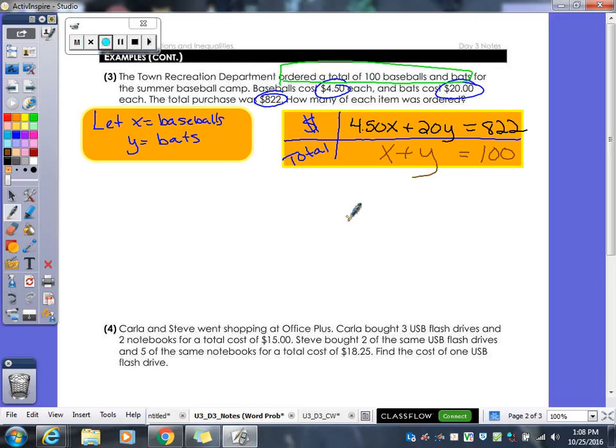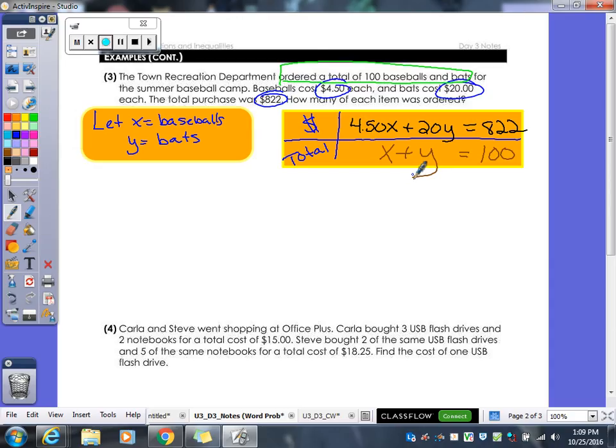Now, I could do this one elimination, but why don't we do this one substitution just to practice substitution a little bit? What do you think? You think it would be easier to do elimination? Actually, it's easier either way. It turns out to be the same. I could do it both ways if you want. If I want to make this one substitution, I've got to make one of them either X equals or Y equals.